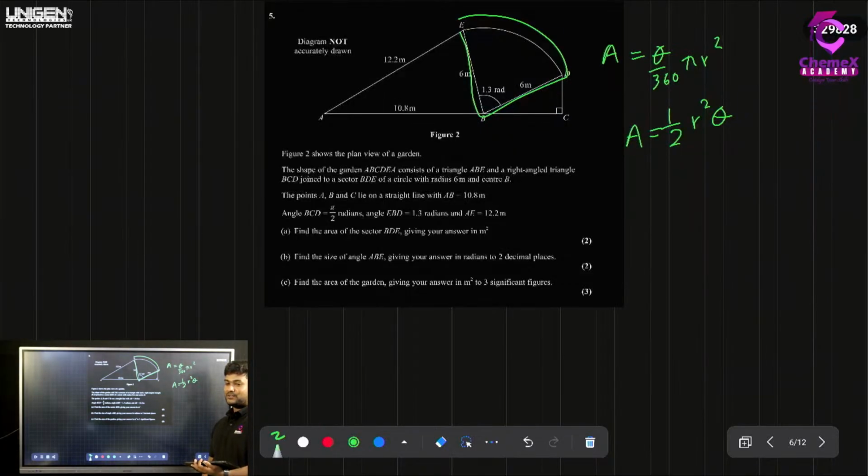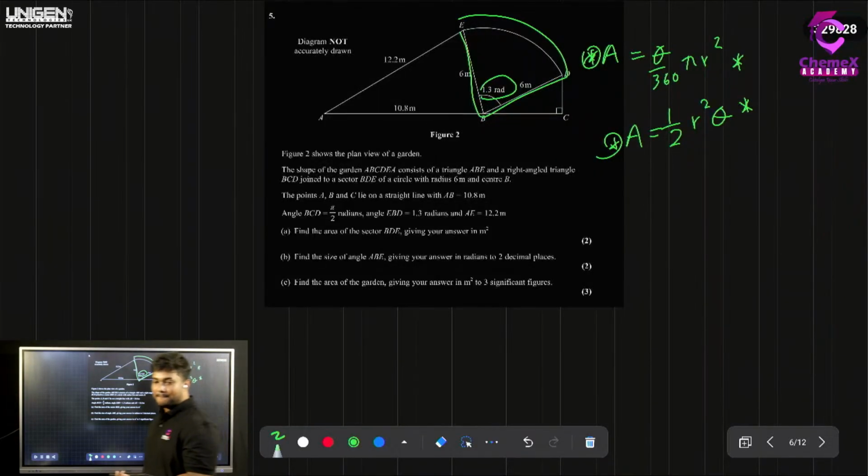Which one to use for this question? Look at the angle. The angle is 1.3. It's 1.3 rads. So can you use the first one? No.